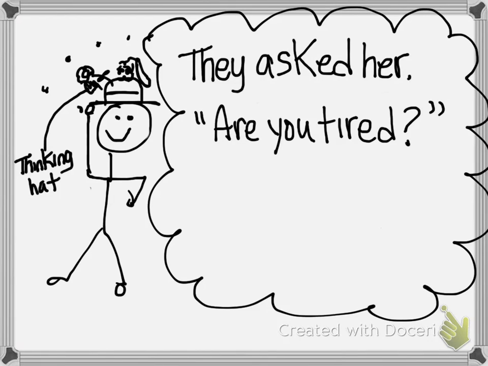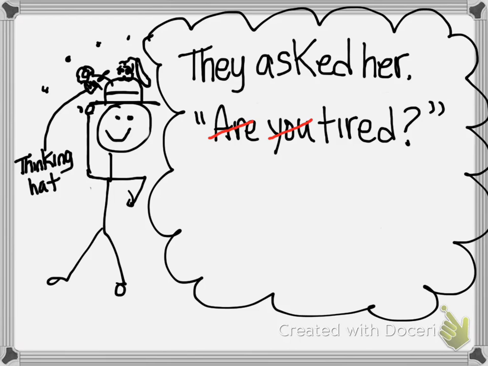So the first question says, "They asked her, are you tired?" Well, before we start changing and moving things around, you have to do what you've already learned to do from chapter 26, and that is change your verb tenses, your pronouns, and your time. So let's change our subject first.